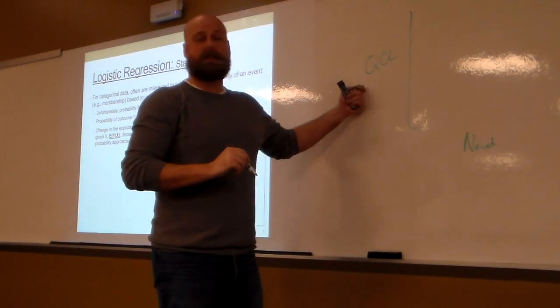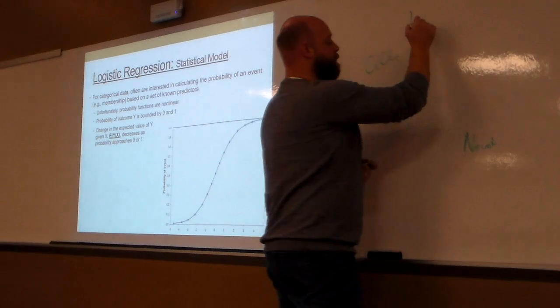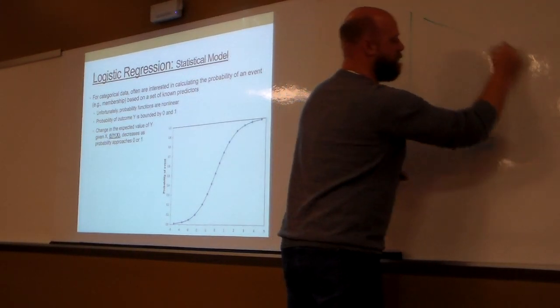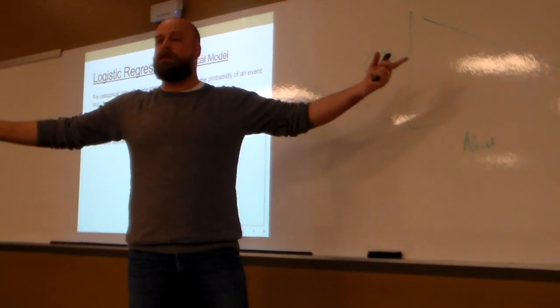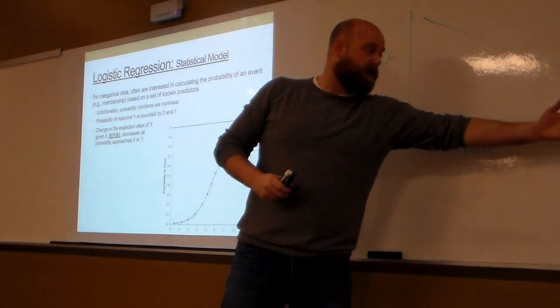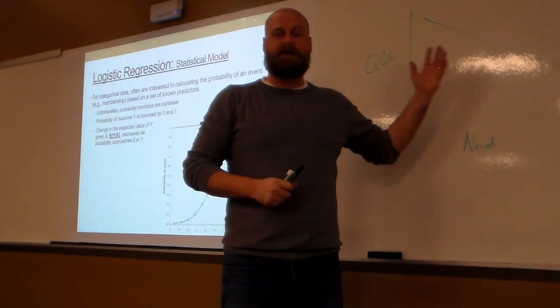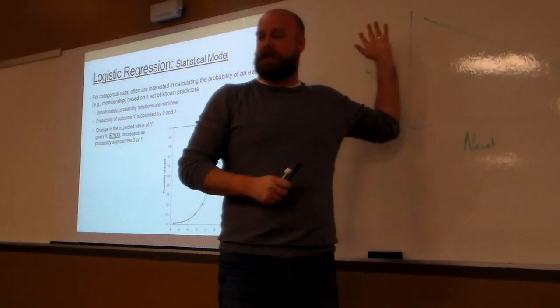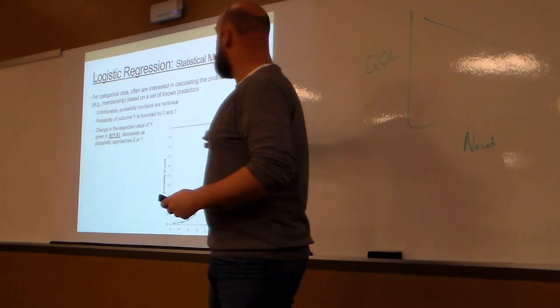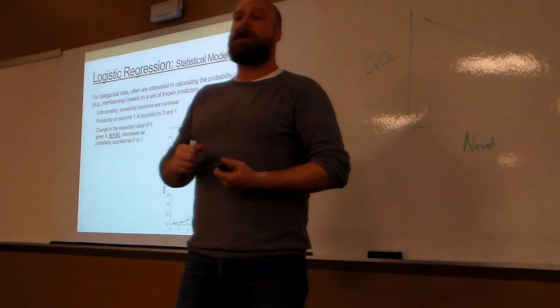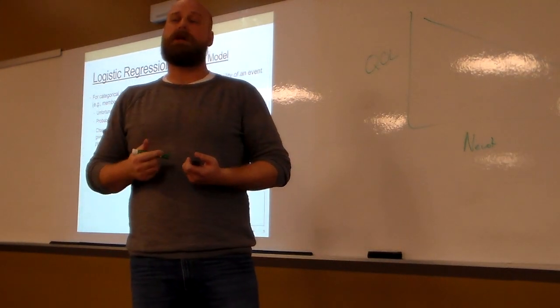This is continuous, this is continuous. I can regress: as neuroticism increases, quality of life decreases. I've got a line that just goes off into infinity, however much neuroticism and however low quality of life, so my model just projects things in a straight line, right? The problem is with probability, if I've got a dichotomous outcome, right?